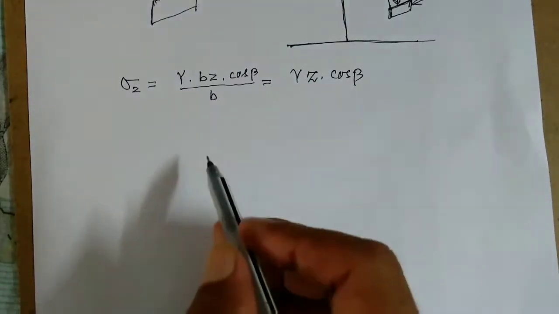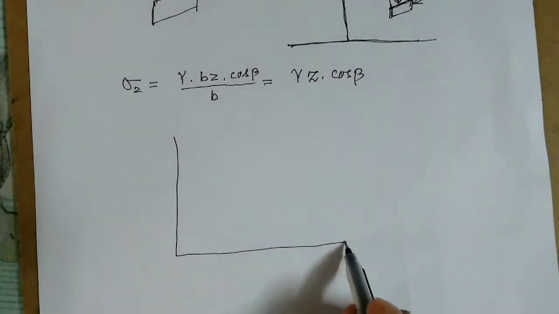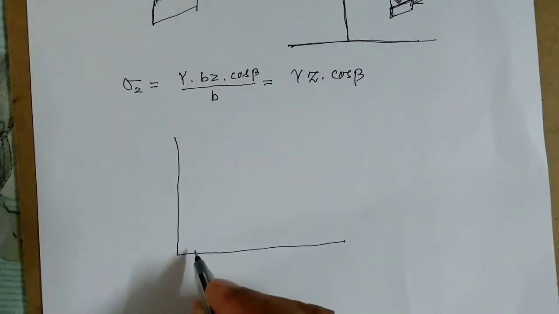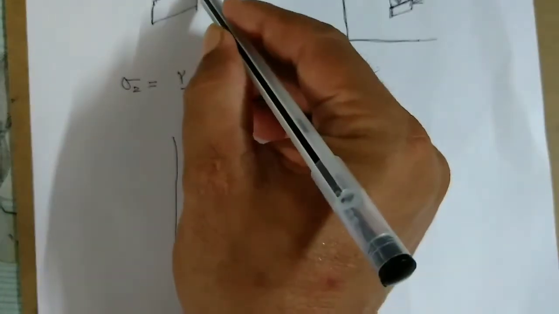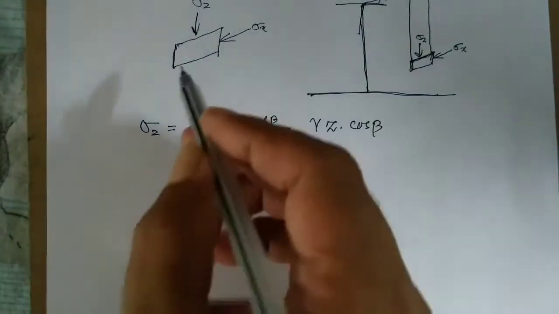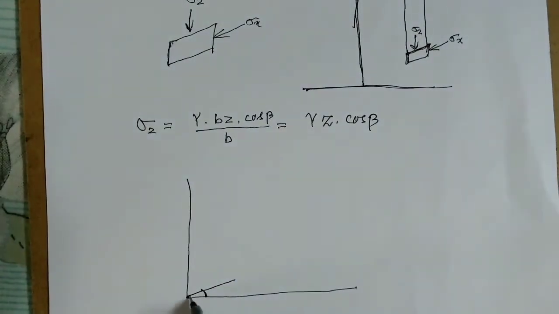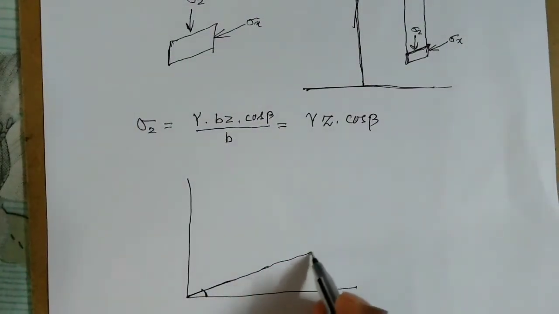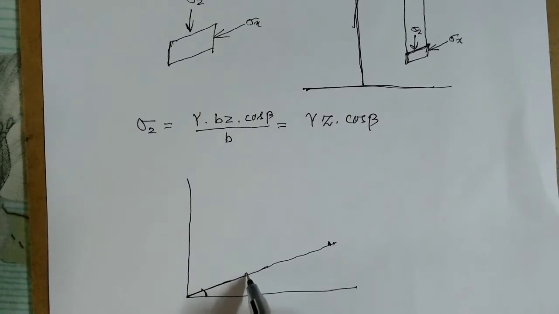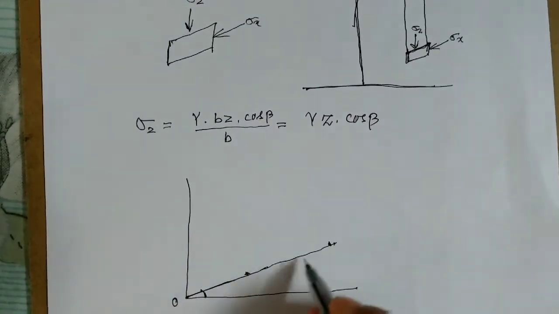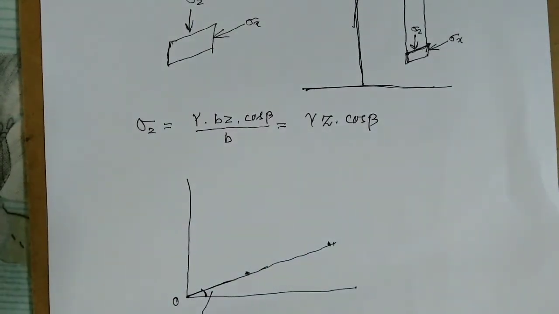So the Mohr diagram will be, let us see the Mohr diagram. Now with sigma Z and sigma X with equal obliquity beta, none of them are principal stresses, they are oblique stresses. So we can mark OP and OQ, OP is sigma X, OQ is sigma Z. Both are with equal obliquity beta.